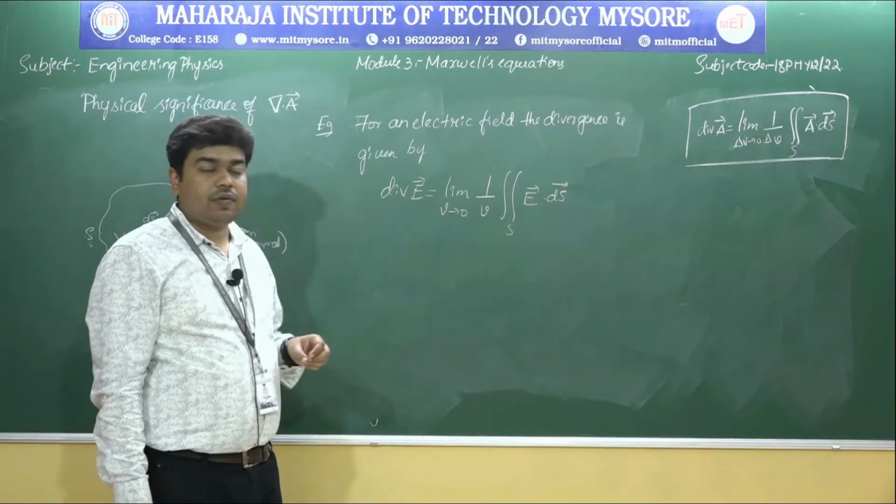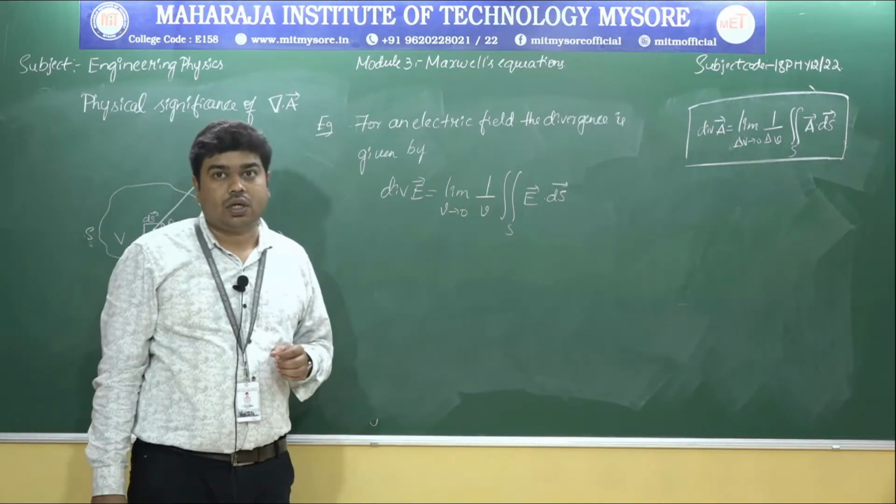So div E is equal to the limit delta V tends to 0 of 1 by V double integral over surface S of E dot ds.